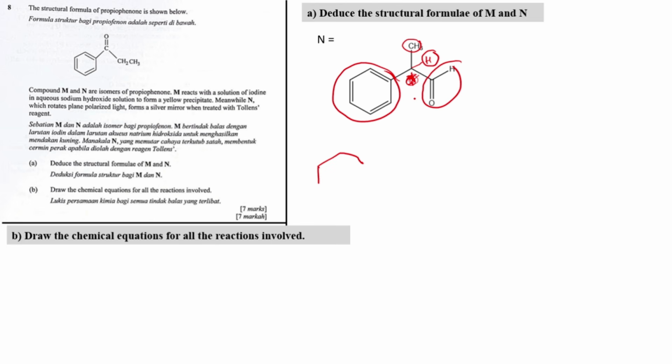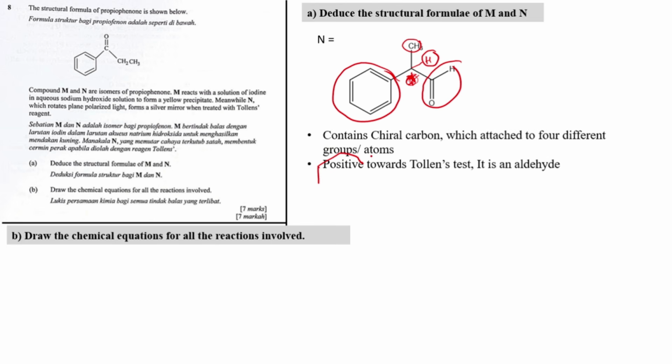So you can make an explanation saying that it contains a chiral carbon which is attached to 4 different groups, and it is going to have a positive result towards the Tollens test because it has the aldehyde group. Okay, so you might be wondering, sir, can I draw the structure to be something like this?